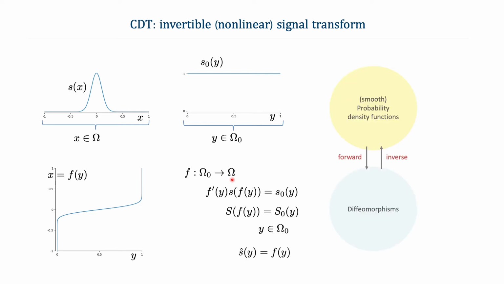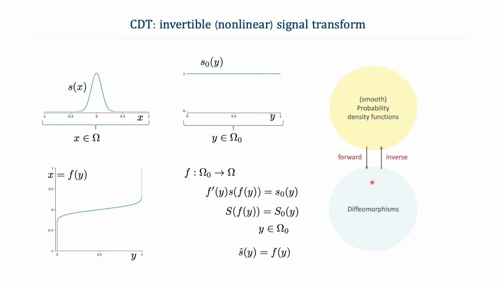And as we just described in an example in the previous slide, a good way to think of this is a forward and inverse map. The input space is the space of probability density functions, which by definition are smooth and have a density.